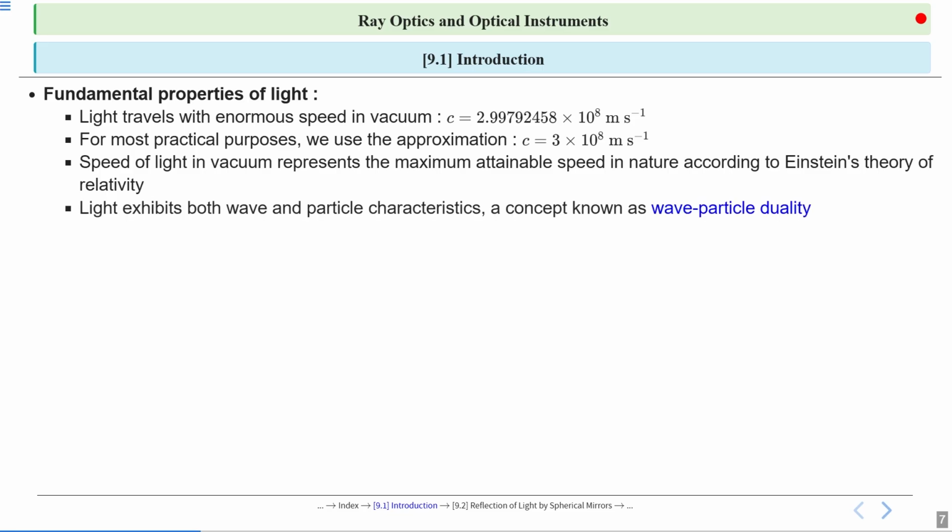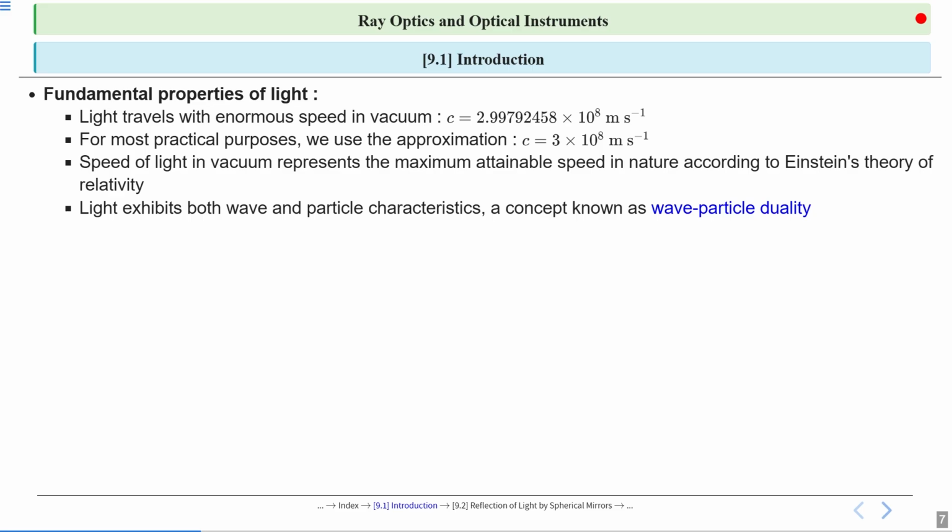Light exhibits both wave nature and particle characteristics, a concept known as wave particle duality. Wave nature we are going to discuss in wave optics. In particle nature, we discuss that electromagnetic waves or light consist of small packets of energy that are known as photons.